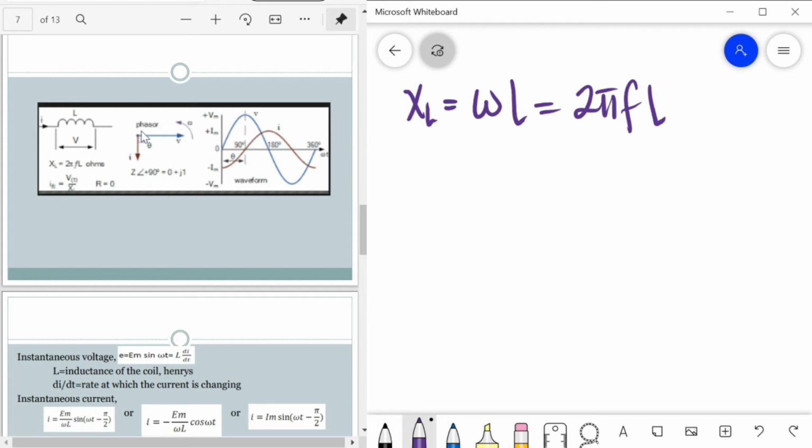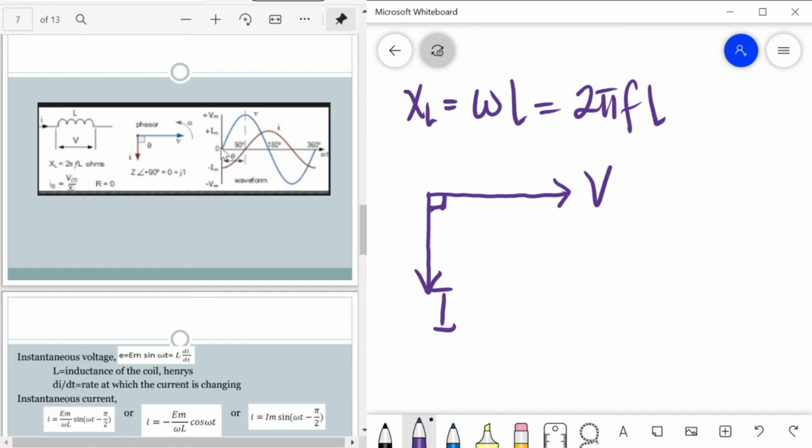The phasor diagram of a pure inductive reactance has the voltage as the reference, and the current lags by exactly 90 degrees. If you rotate this phasor or vector, it will come up with these sinusoidal waves.